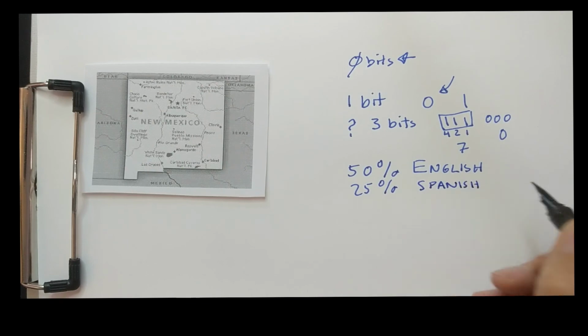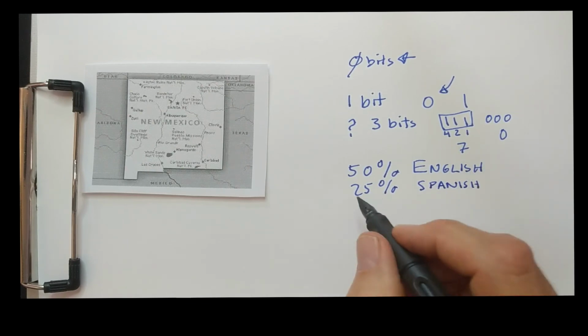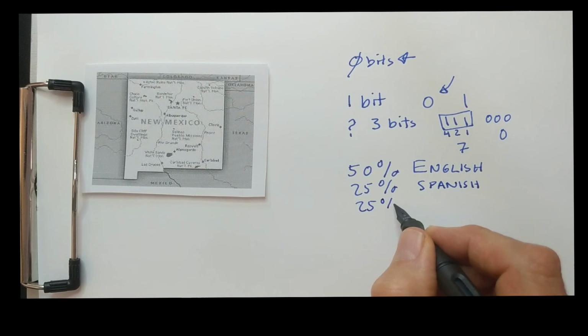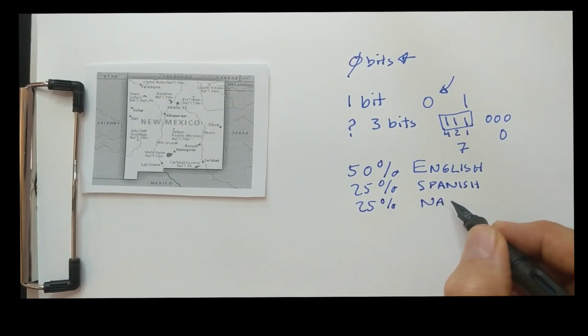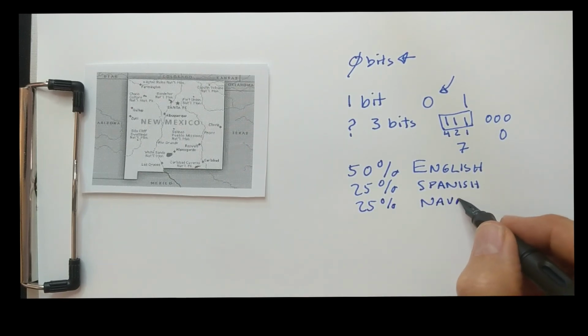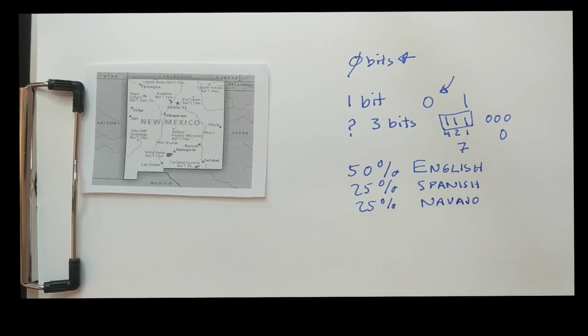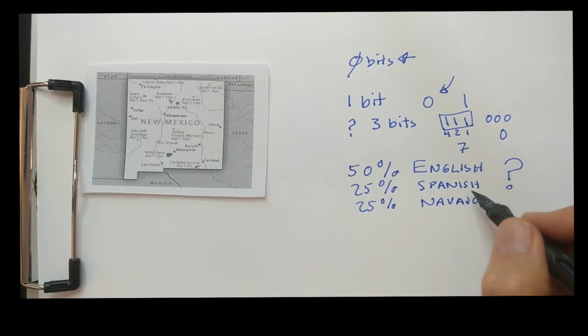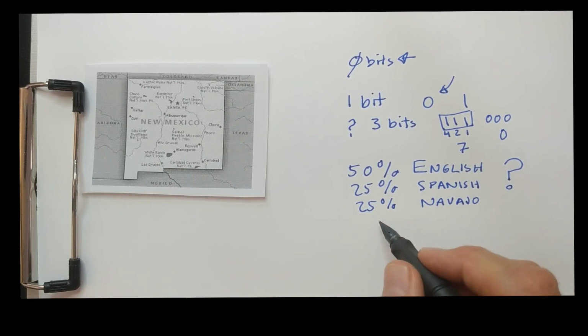That's a little low based on what's true, but I'm just using this as an example. And 25% speak Navajo. That's extremely high. It's like 4%, I think, of the population that speak Navajo. And then the question is, well, how many bits are required on average to encode this information? And this is a little bit trickier.